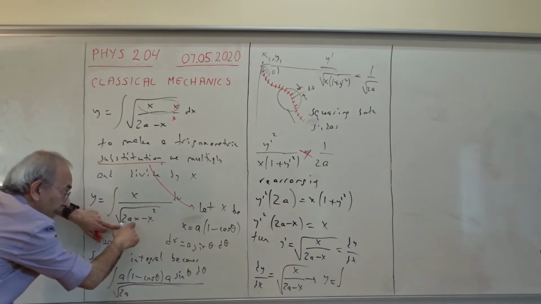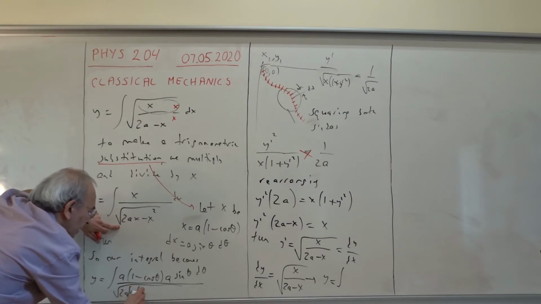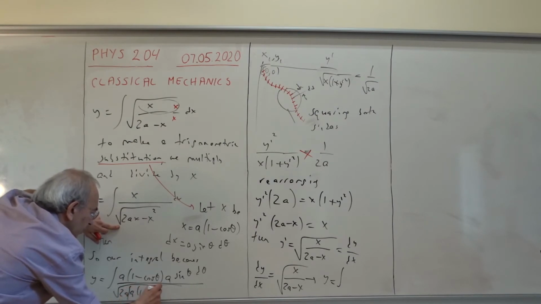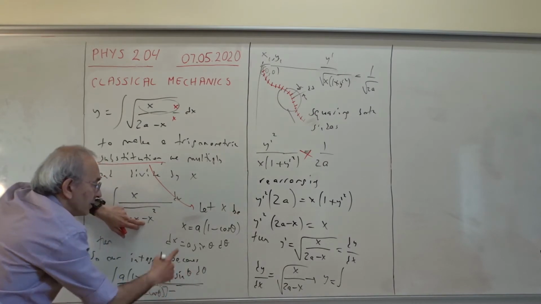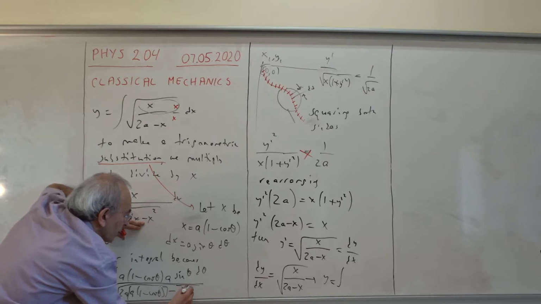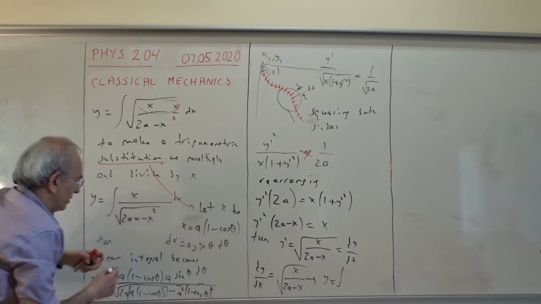2a times x, what x is this? 2a times a times 1 minus cos theta, close the parentheses, minus x squared, which is the square of this, a squared, 1 minus cos theta, quantity squared.